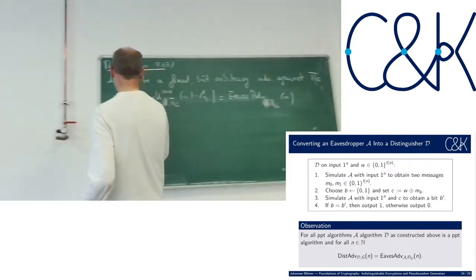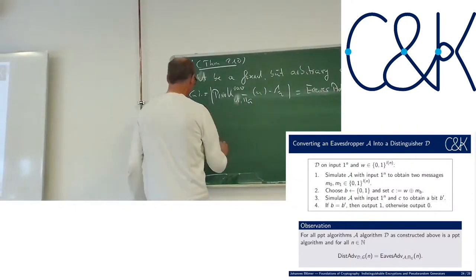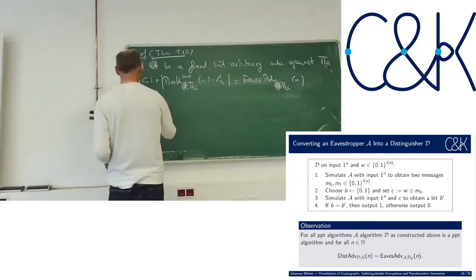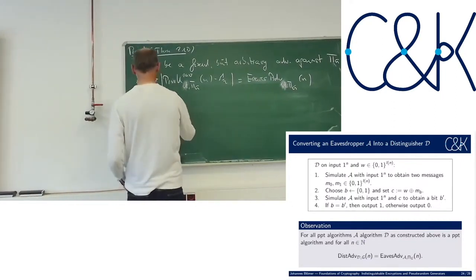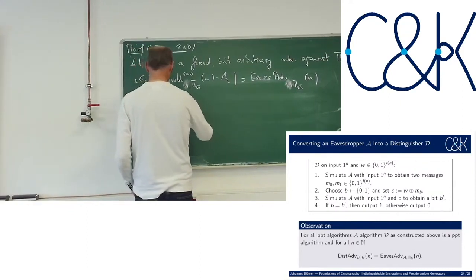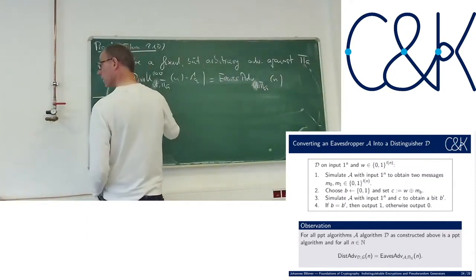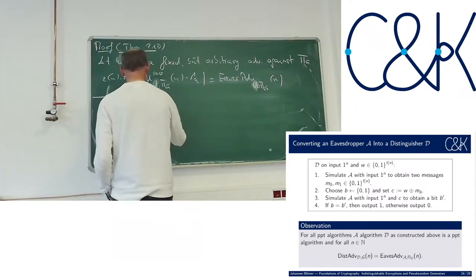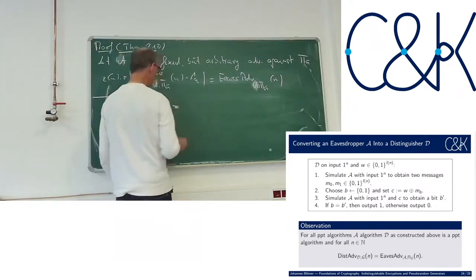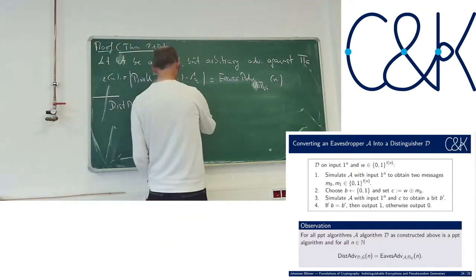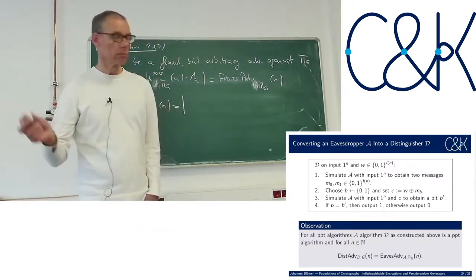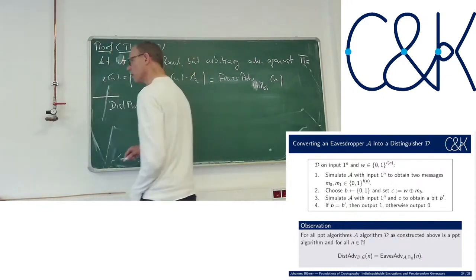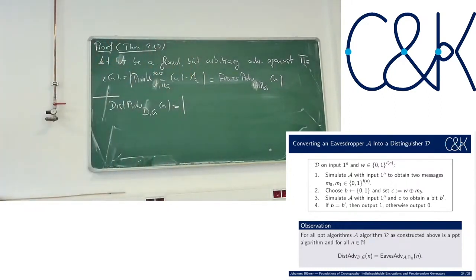Okay, so we know that the distinguishing advantage of D against G on input n is the difference in these two probabilities, right? Just let me, because here I don't really care about the absolute values, write this here.